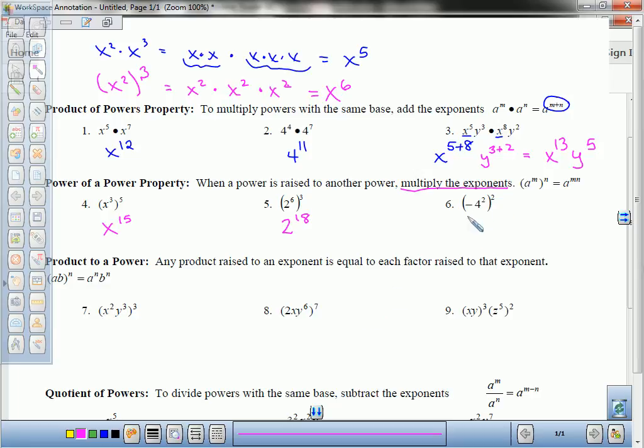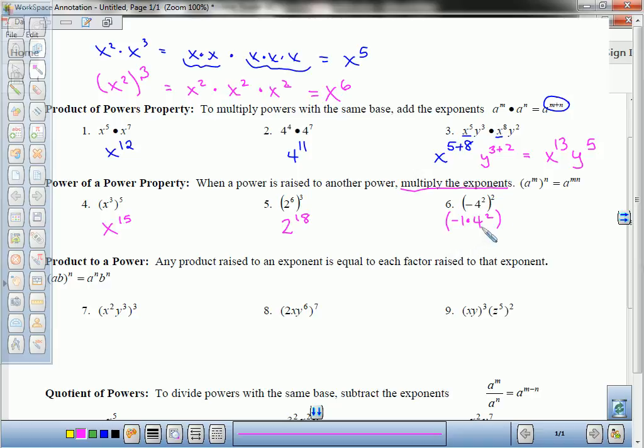Now this one's actually a little tricky. Because if we look at it, is that negative grouped with the 4? It is inside here, but the 4 is being squared. So really it's like -1 times 4 squared. What happens when we square a negative, guys? It's positive. It becomes positive.